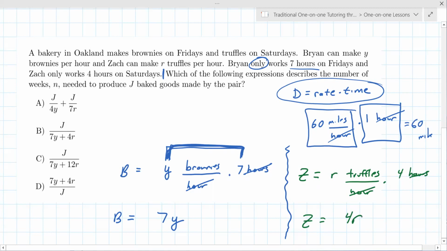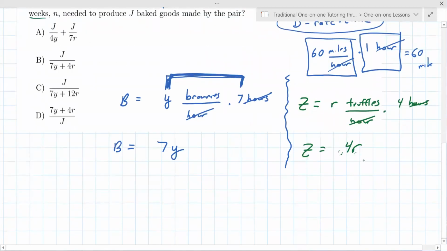It's just a week, we just care about the weeks. Well, 4R, because we don't know how many truffles he makes per hour. If he made 10 truffles per hour, it'd be 4 times 10. So this is an example of a symbolic problem where you don't have numbers. You don't know the values. You just know that it's 4R and 7Y.